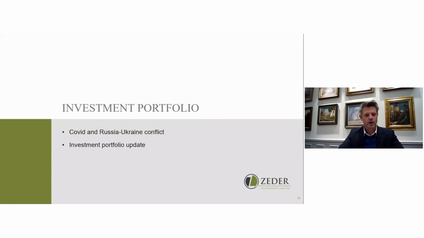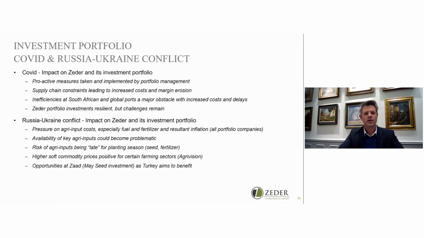In terms of our portfolio, just quickly going to touch on COVID and the Russian-Ukraine conflict. All the COVID restrictions in Africa are all gone now, but our portfolio is still feeling certain pressures. Our management teams must be commended for how they handled the pandemic with their proactive measures.